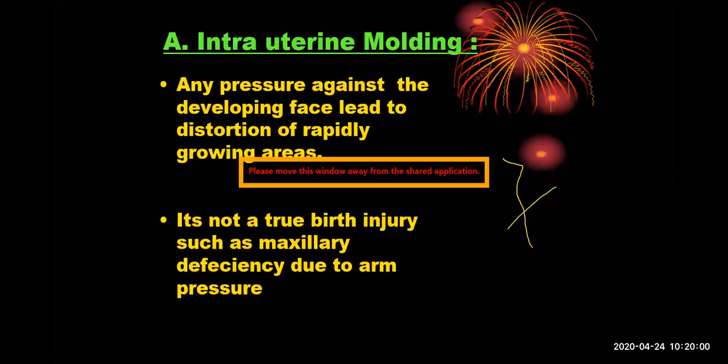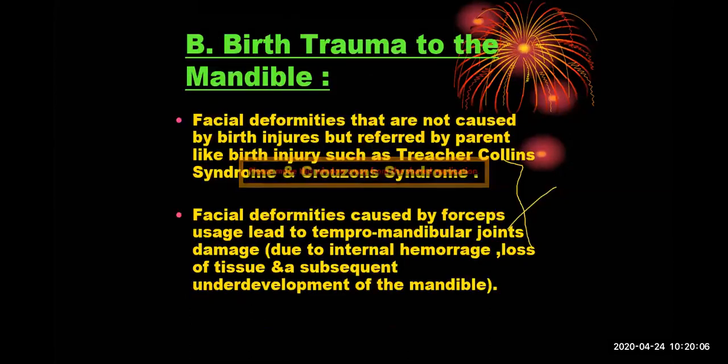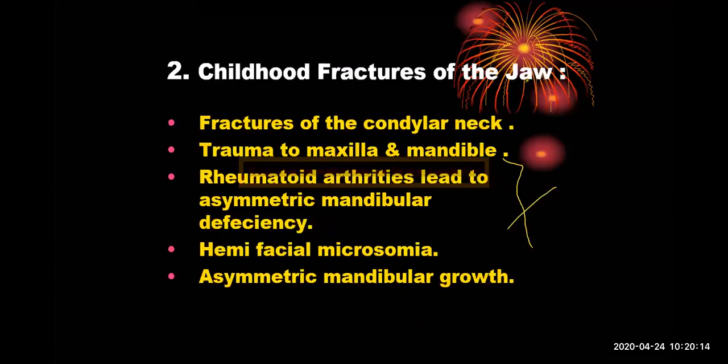Trauma to the mandible also. Okay, trauma to mandible, this is very, very frequent in the earlier years. Now things have changed because of the advancements. So the childhood fractures, muscle dysfunction.